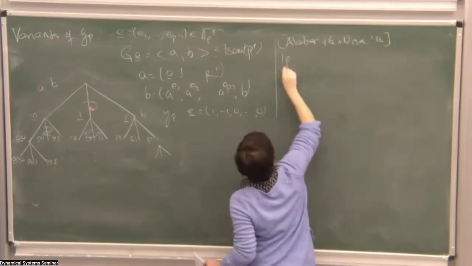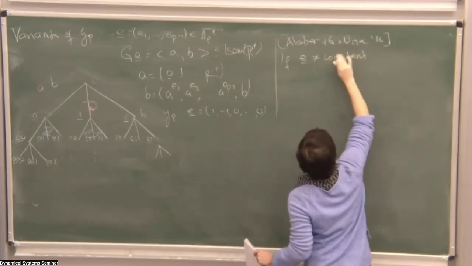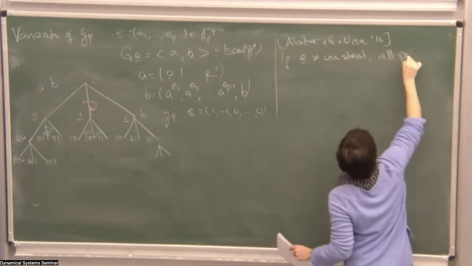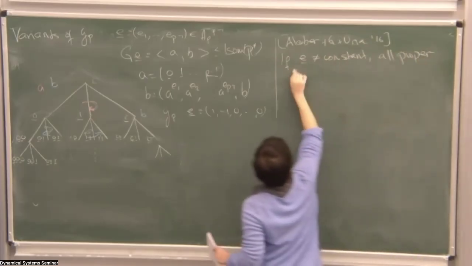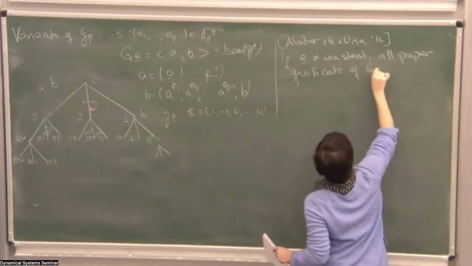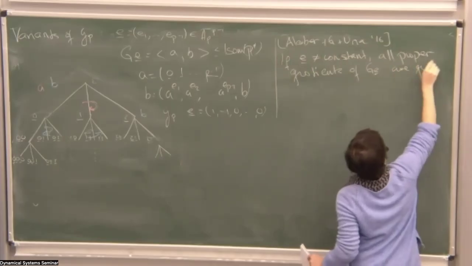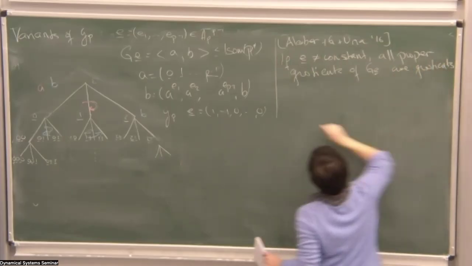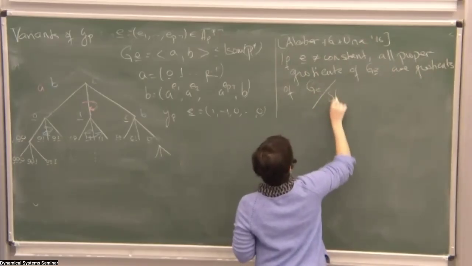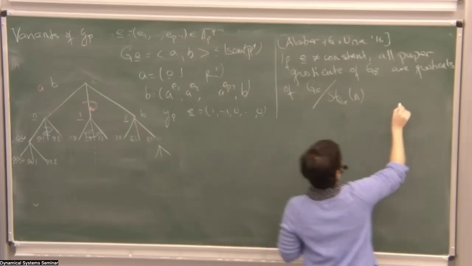So we showed that if e is not the constant vector, then all proper quotients of G_e are quotients of G_e modulo the stabilizer in G_e of level n.